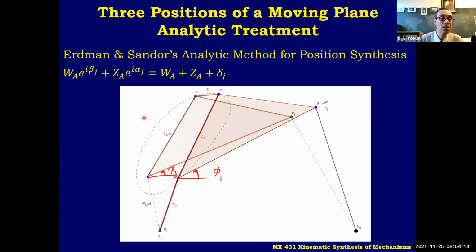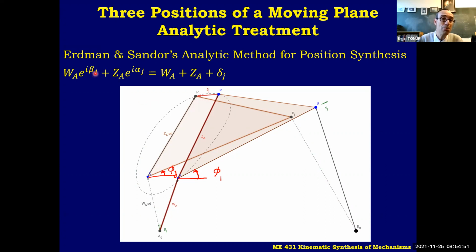Just let's see. You may have this: WB plus ZB plus delta j is equal to WB e to the i beta j prime. This time, this rotation, we will call it beta prime, which is not the same. But ZB rotates the same amount, alpha j, okay?